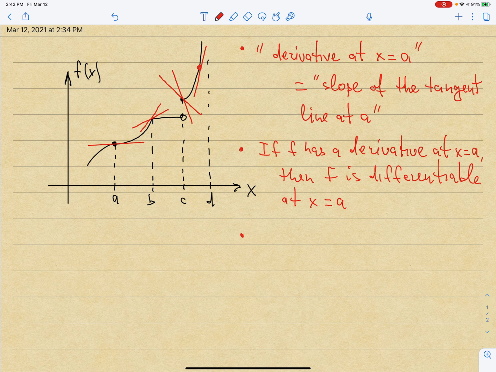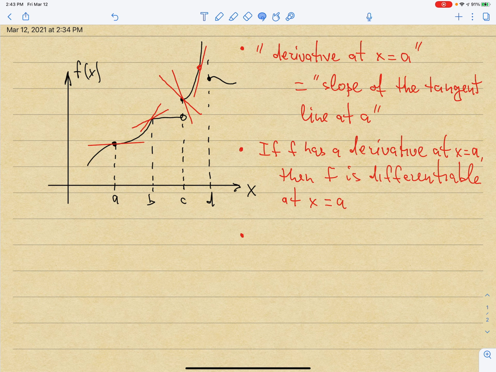If the function has a discontinuity at a certain point, for example, here it has discontinuity at C. At D, even if the function continued beyond D, maybe like this, derivative is not defined because there is no slope in this case as well.